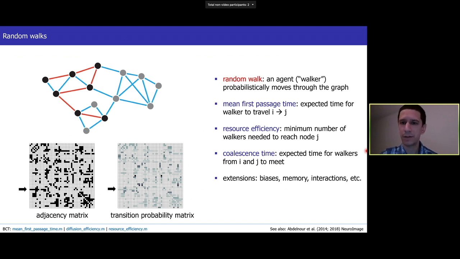We can impart memory on the walkers, so that we ensure that the walkers don't double back to where they've been before, where they're a little bit less likely to go. We can introduce different forms of interaction between multiple walkers in the network, mimicking functional interactions and so forth. And so it's a very powerful framework.